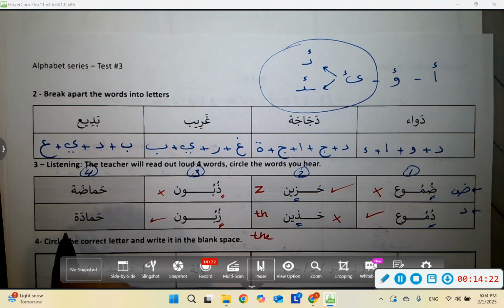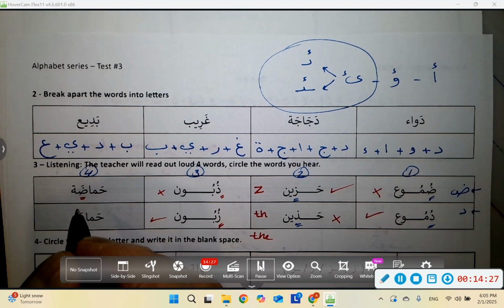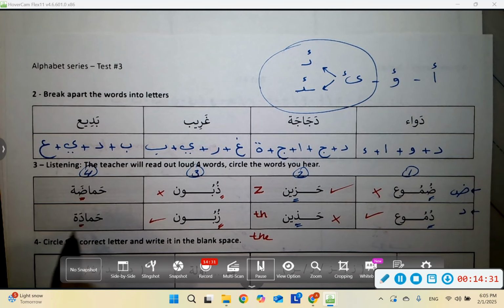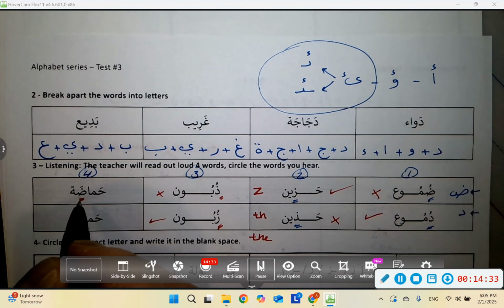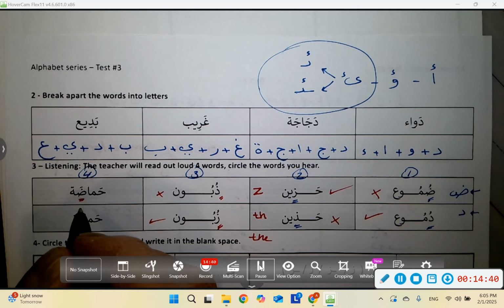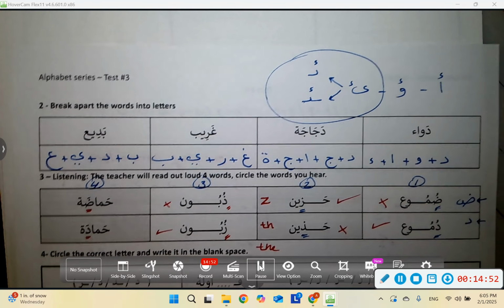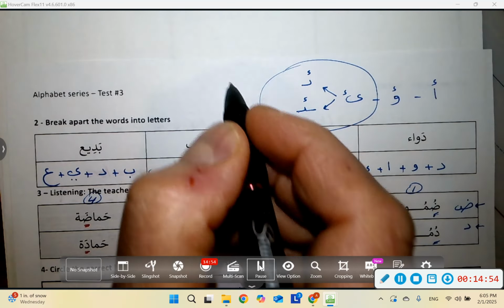Hamada. Again, we have dal and we have da, which is a heavy da. So this is hamada and this is hamada, has no meaning. But we can say hamid, which is dal at the end, and we can say hamid, which is da at the end. Let me write them down to show you the difference.